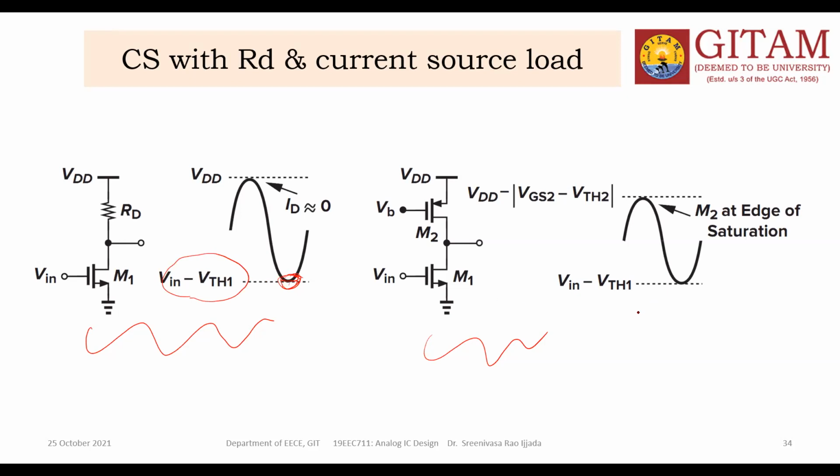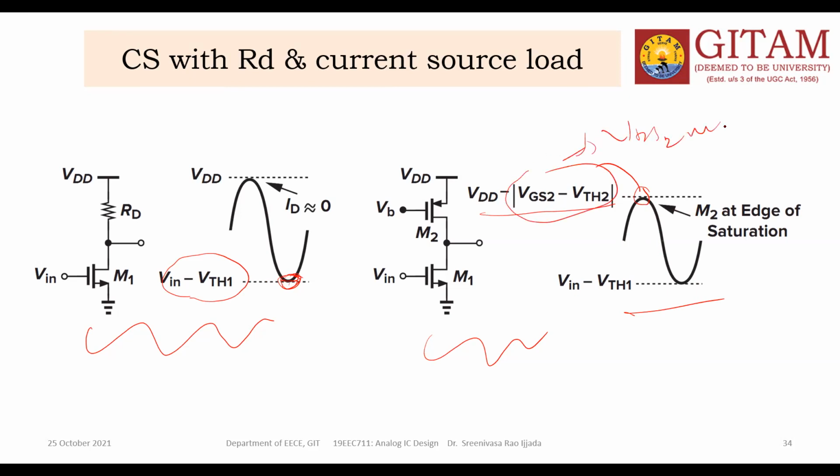And if you take the current source load, the voltage will be like this. At this point, the voltage is VDD minus VDS2 minimum value. This is the overdrive voltage.